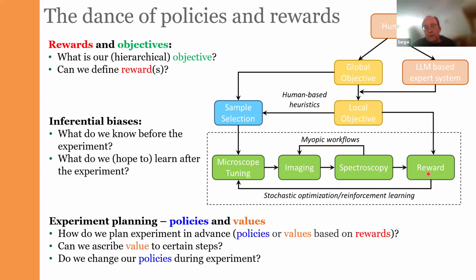If we talk about the non-myopic workflows, when the rewards are available only at the end of the day, that's complicated. That becomes stochastic optimization and reinforcement learning. The algorithms exist. The reason why it is difficult to use them is because we simply don't have access to the required number of repetitions that the simple reinforcement learning algorithms require.